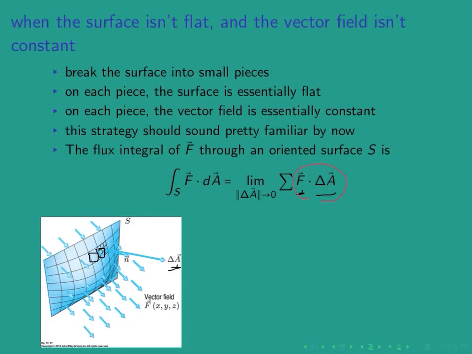And then, of course, what I'm going to do is add all those contributions up and let the size of each of these small pieces get smaller and smaller and smaller. And in the limit, as that goes to 0, we get a flux integral. So a flux integral is simply an infinite sum of fluxes on very nice surfaces, which are flat and the vector field is constant.